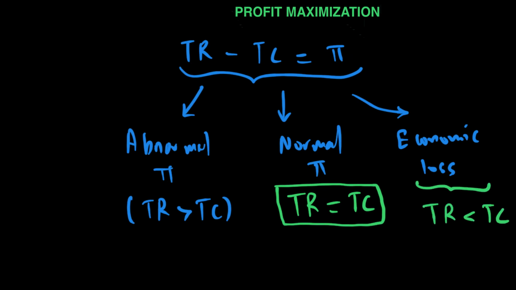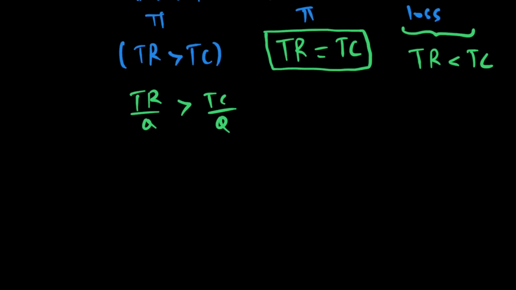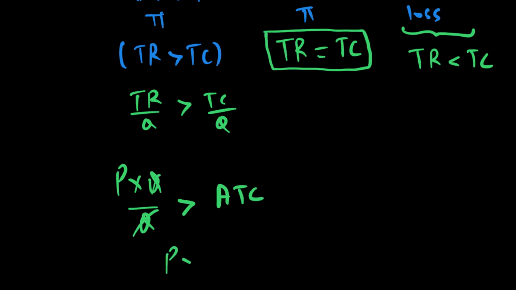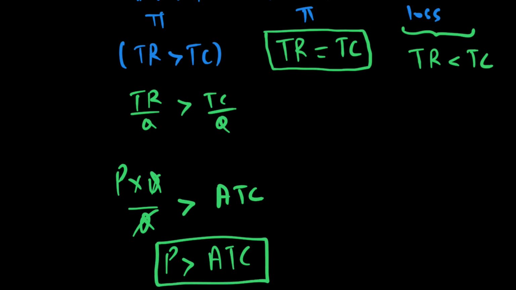Now, if I divide both sides by quantity, for example, I say TR over Q is greater than TC over Q, then I can basically also say that TR is simply P times Q over Q, and that will be greater than average total cost, which is TC over Q. In other words, price greater than ATC is when you make a supernormal profit.